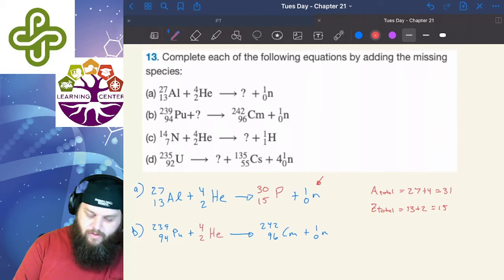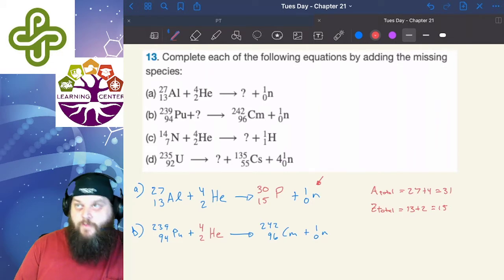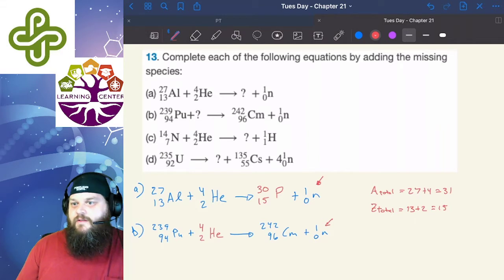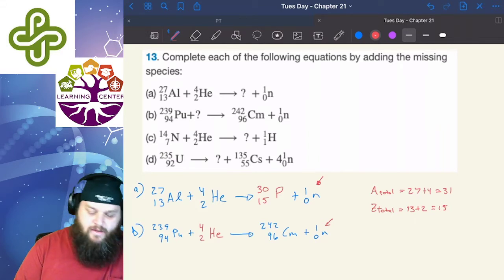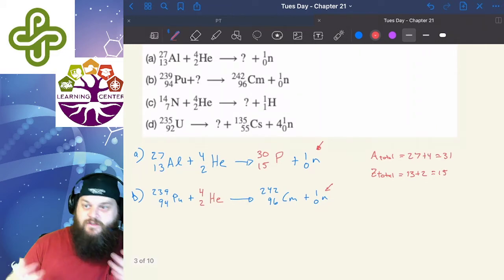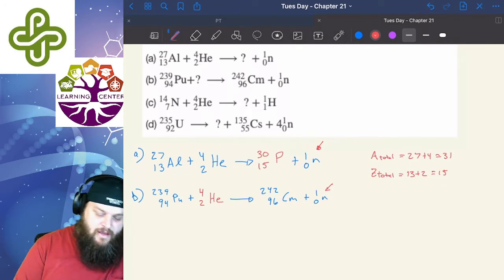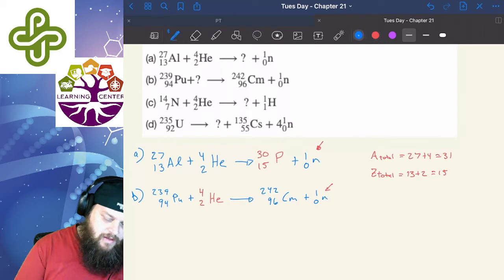Now 239 plus 4 is 243. But we're going to lose one of those as a neutron to make it 242, and that's it. So we just did the math there to find out the difference between those two sides to fill in what that atomic number is and the number of nucleons, and then identified what element has that. And helium has 2 protons.